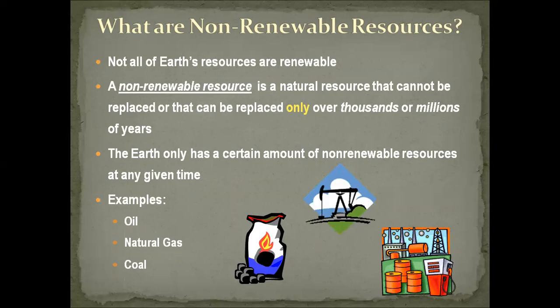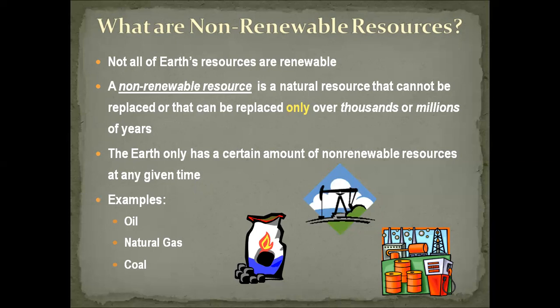Now, what are non-renewable resources? Not all of Earth's resources are renewable. A non-renewable resource is a natural resource that cannot be replaced, or that can be replaced only over thousands or millions of years.